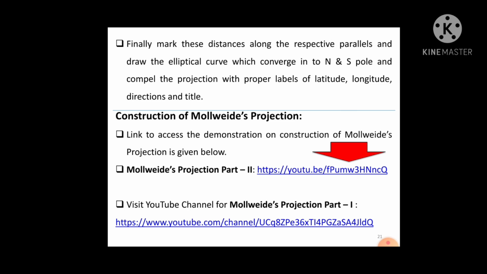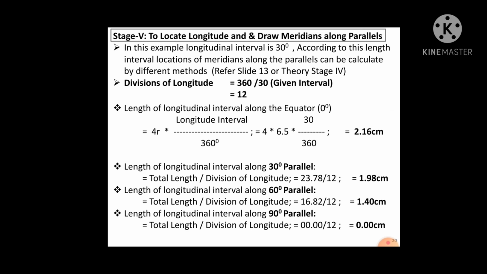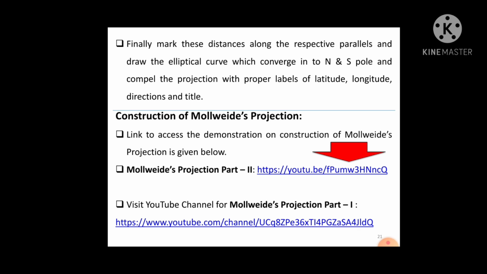For example, look at this, the picture is over there. Once you join those marks, you will have the entire projection. Finally, mark these distances along the respective parallels and draw the elliptical curves which converge at the north and south pole, and complete the projection with the proper labels of latitude, longitude, direction and title.